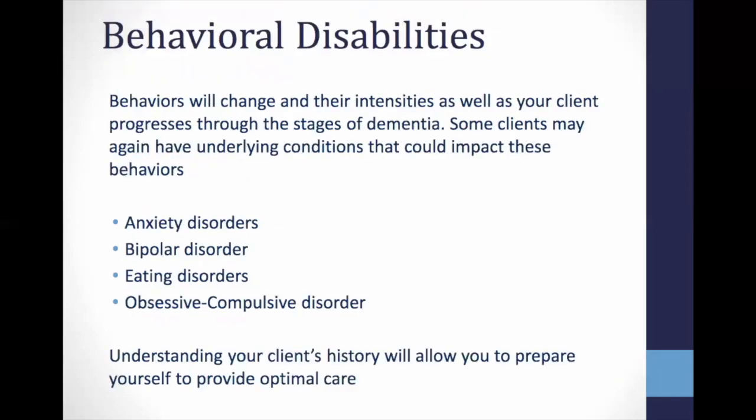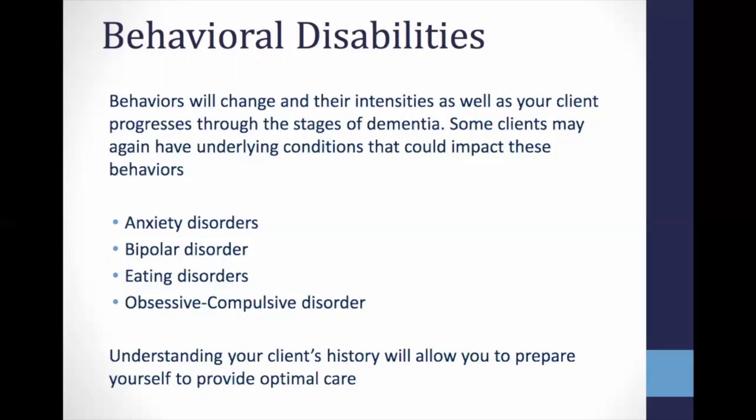So behaviors will change, and their intensities as well, as your clients progress through the stages of dementia. We know that. Some clients may, again, have underlying conditions that could impact these behaviors. Things like anxiety disorders, bipolar disorder. Maybe they have an eating disorder or obsessive compulsive disorders.